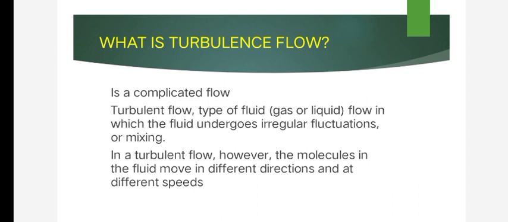The lateral mixing is very high, and there is a disruption between the layers. Additionally, in turbulent flow, the speed of the fluid at a point is continuously undergoing changes in both magnitude and direction. In other words, ang speed sa fluid in a turbulent flow kay dili constant in both magnitude and direction.